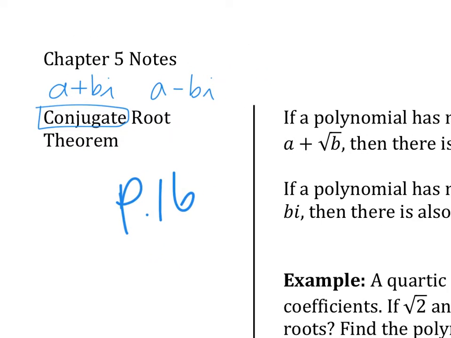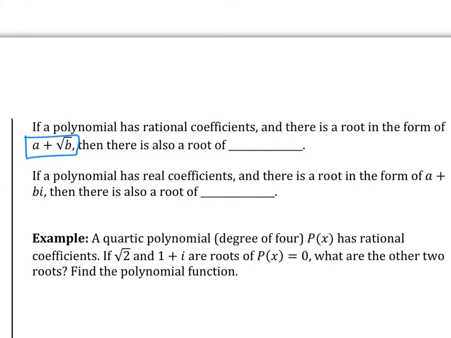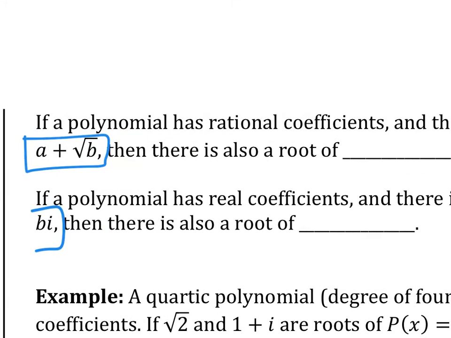Very easy. It just says if you have two kinds of roots, one that looks like a plus square root b, or another that looks like a plus bi, they have to have a conjugate. So if you see an a plus square root b in the roots, then there must be an a minus square root b.